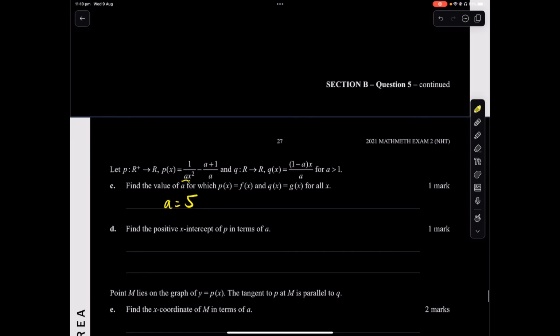Okay. Find the positive x-intercept of P in terms of A. So I'm going to define those.